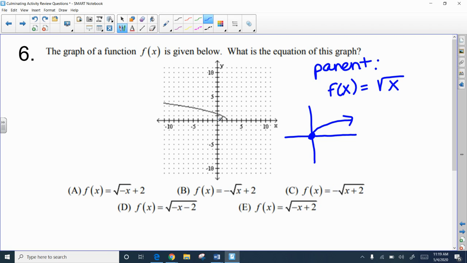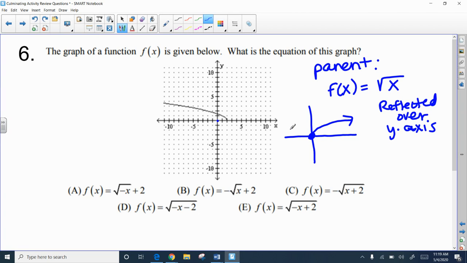So a couple of things. First of all, this graph, my transformed graph, is reflected. It's pointing towards the left instead. So one of the transformations that's taking place here is that it was reflected over the y-axis, which actually changes all the x values to negative.